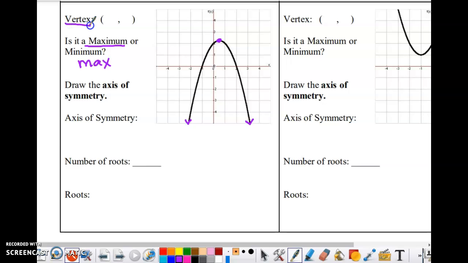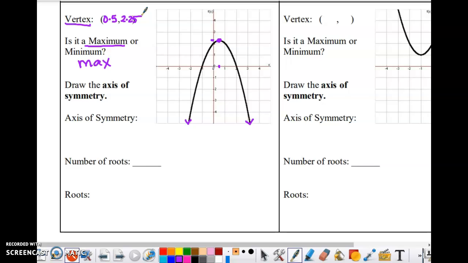And we know that the maximum or the minimum is the vertex. So right here, again, we're going to guesstimate. So this looks like 0.5 and up at 2.5 or 2.25, whatever you want to call this. Let's call it 2.25. So (0.5, 2.25) or 2.5.